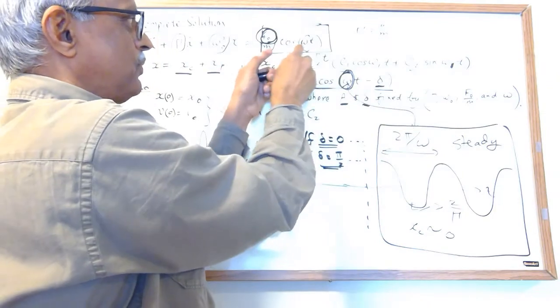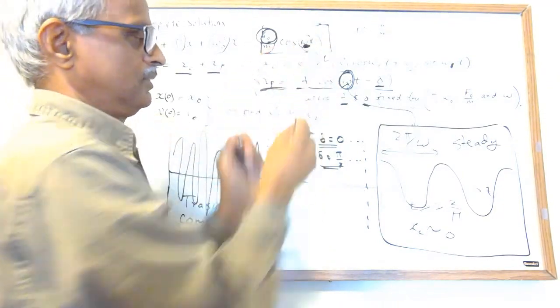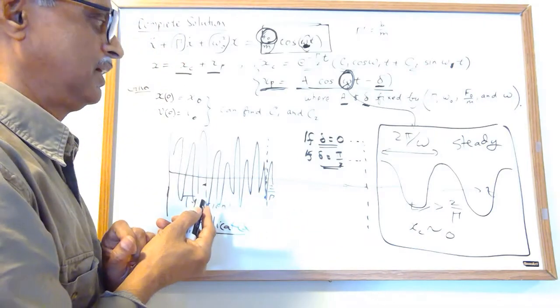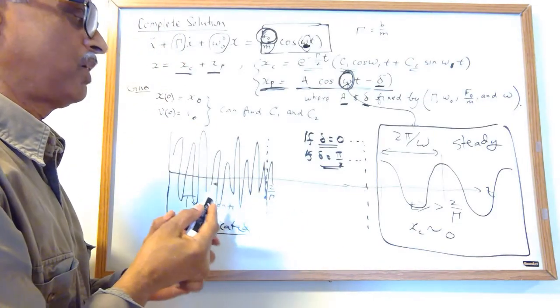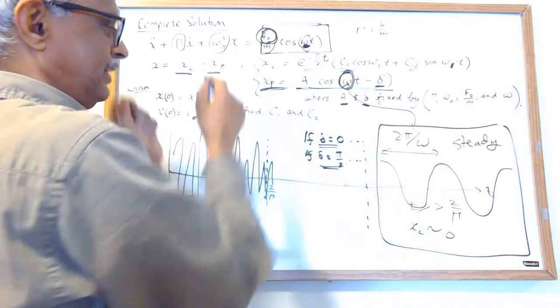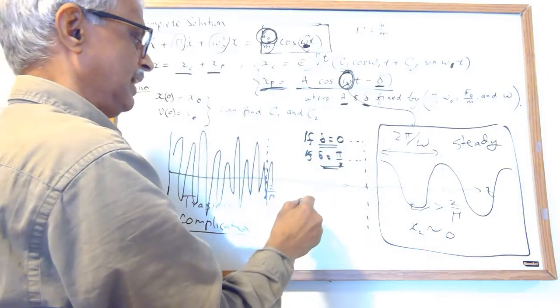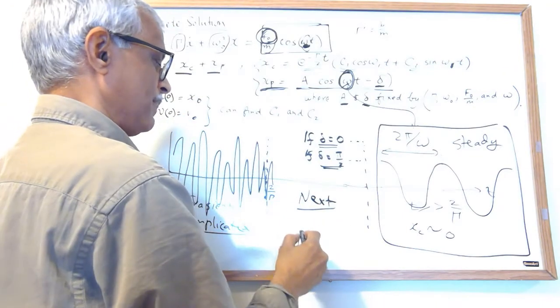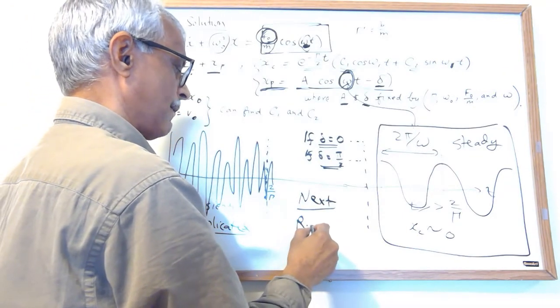I use the same force, but I vary the omega. What will happen? So we will discover a property called resonance, and resonance of X, and that will be next. Next, we're going to talk about it, or resonance of X.